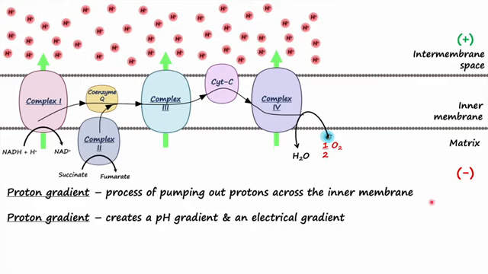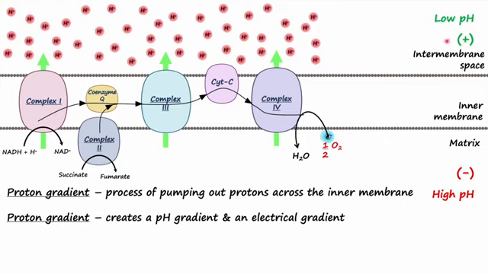And the pH gradient lowers the pH of the intermembrane space, making it more acidic, whereas the mitochondrial matrix has a high pH and is more alkaline. So basically the proton gradient creates a high energy, uneven distribution of protons across the inner membrane of the mitochondria.